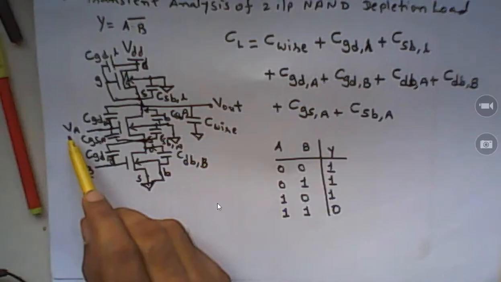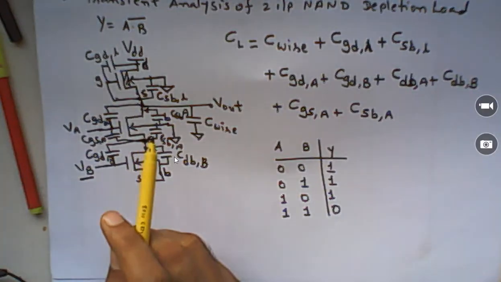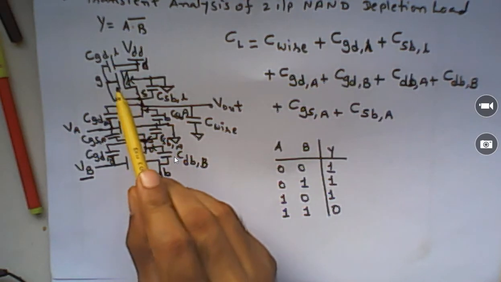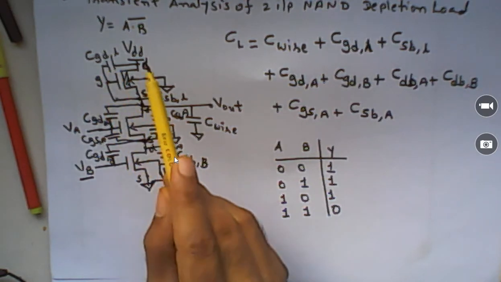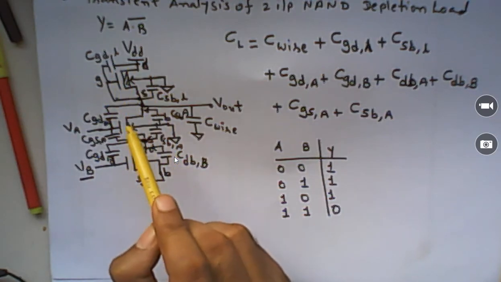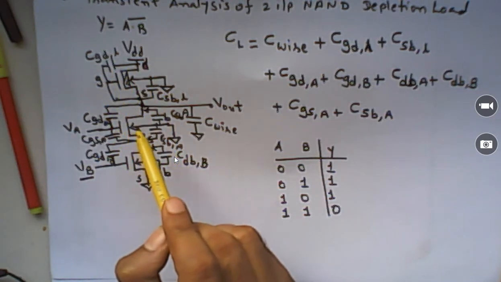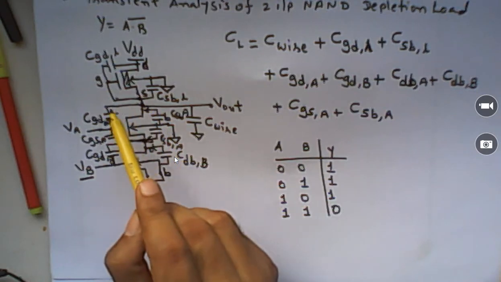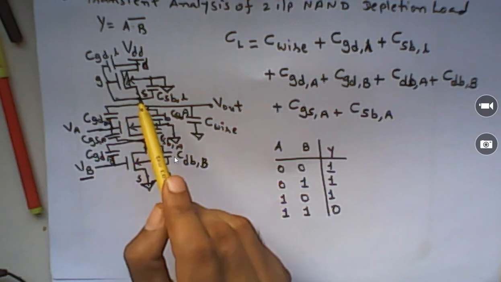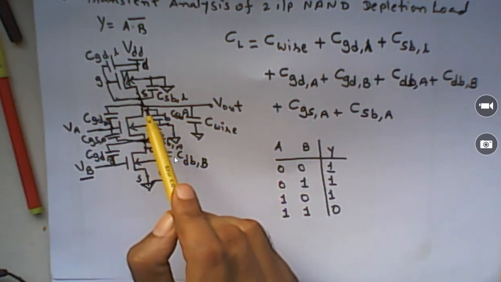Then we can see the different capacitances that come into the picture. Only the capacitance associated with the load MOSFETs and the capacitance associated with the driver MOSFET A come into the picture.